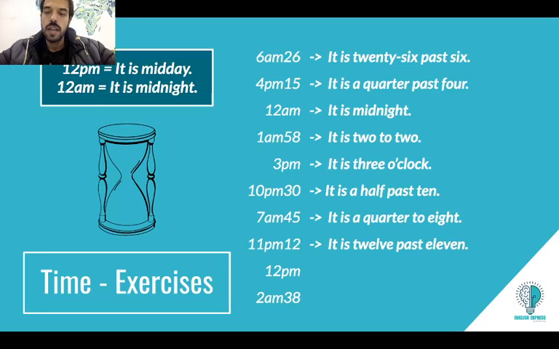Amazing. Our next example is here in our slide. So 12 p.m. is also a special case and it is midday. Okay? Amazing. The last exercise for today's class, the end of the class of today. 2:38 a.m. In this case, we're going to do 60 minus 38.